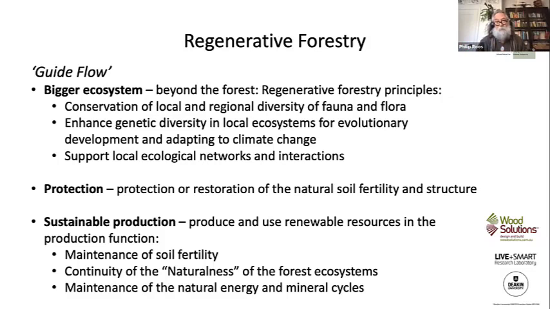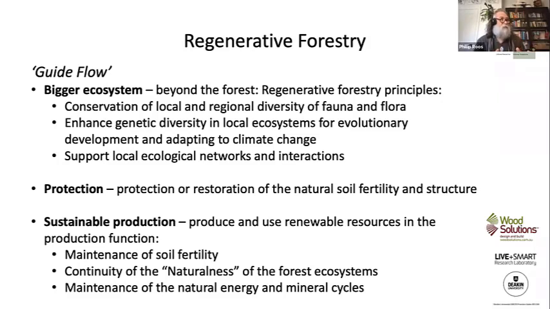Regenerative forestry, or also known as close to nature forestry, will look at the bigger picture or the whole system. When you practice regenerative forestry, your bigger ecosystem goes beyond the forest. It looks at regenerative forestry principles that are doing the following.